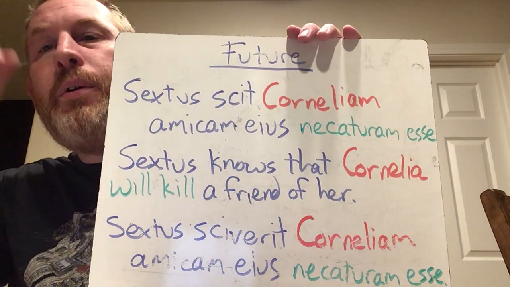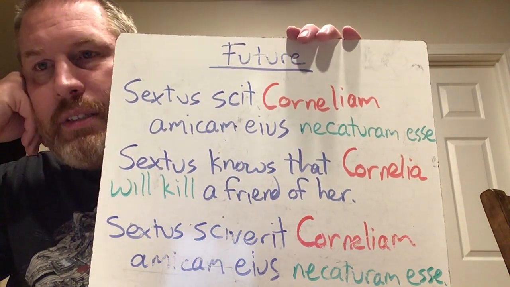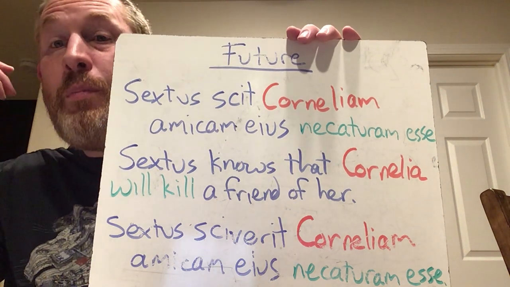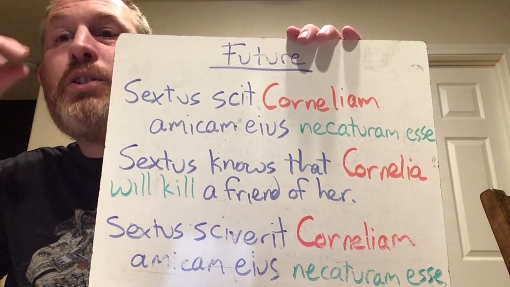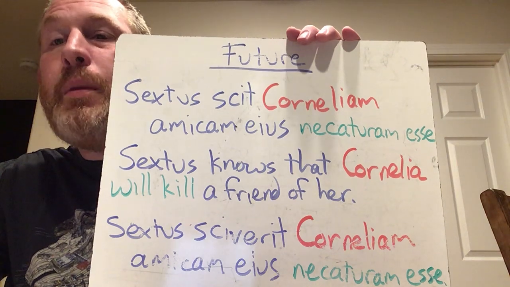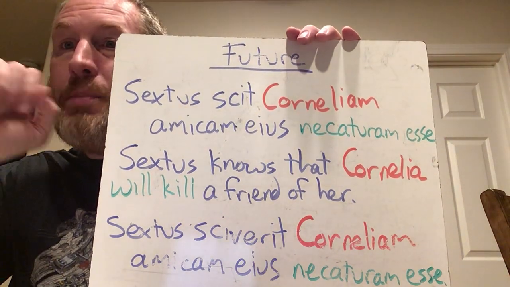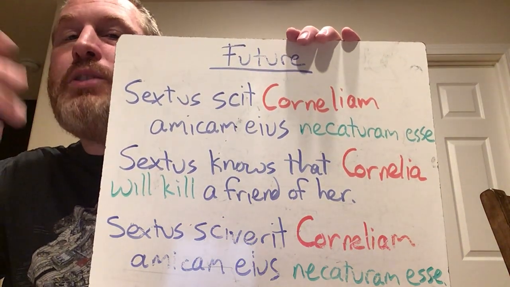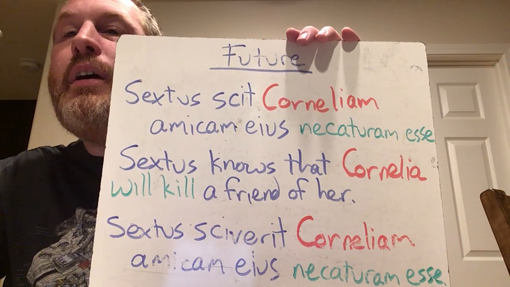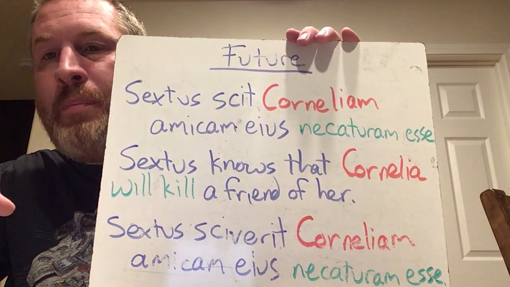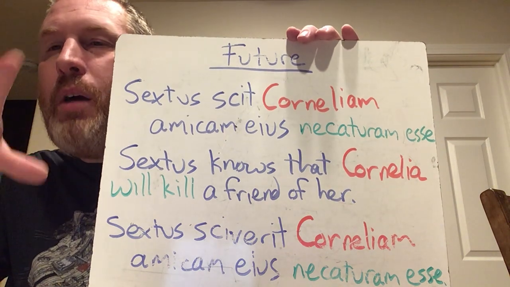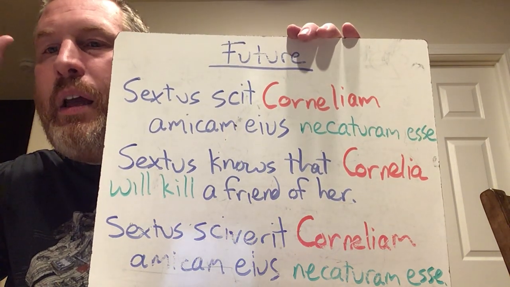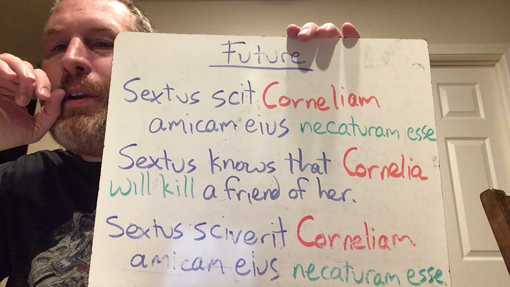More importantly, notice that necaturam esse is a future infinitive. Therefore, that future infinitive is going to occur after the main verb. Sextus knows, which is in the present tense. Therefore, necaturam esse has to be in the future of that. You'll probably never go wrong by putting it in the future tense no matter what, but it does kind of matter when you get into other things.